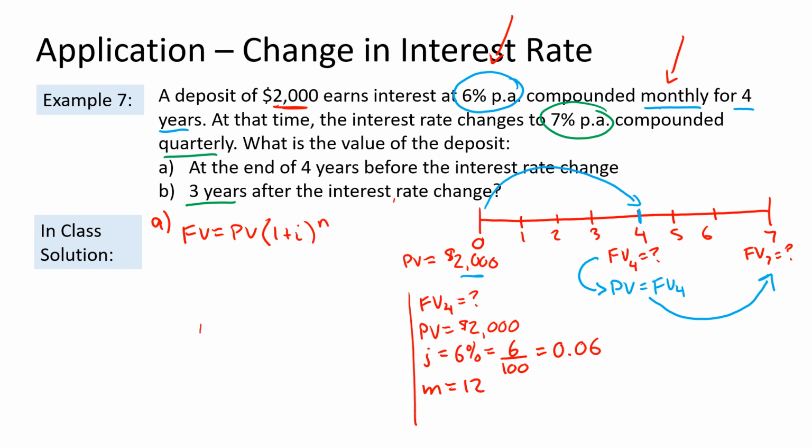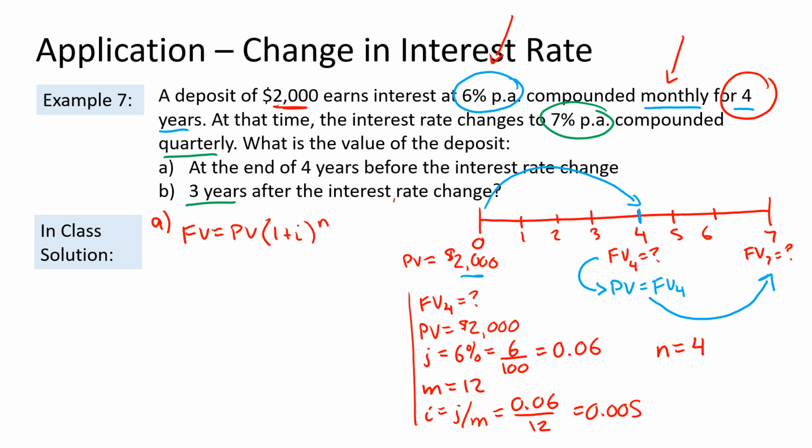So our periodic rate of interest, I, is equal to J divided by M, which is 0.06 divided by 12, which is 0.005. So our last piece for part A is we need our total number of compounding periods. Well, it's given as 4 years. We don't have any other conversion to make.